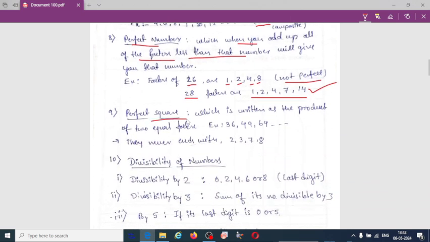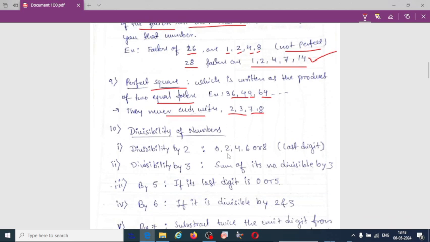Perfect square: a number written as the product of two equal factors, like 36, 49, 64. Perfect squares never end with 2, 3, 7, 8. In the above examples, they end with 6, 9, 4. 36 is the square of 6, 6 into 6. 49 is the square of 7, and 64 the square of 8.